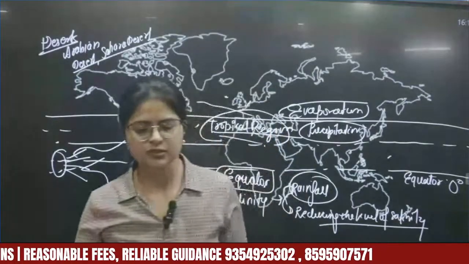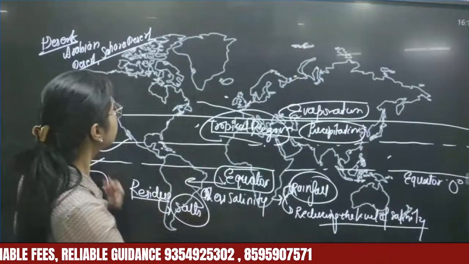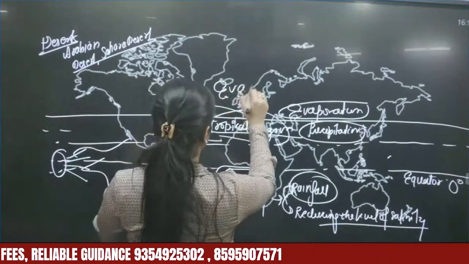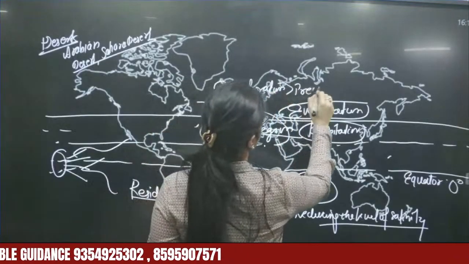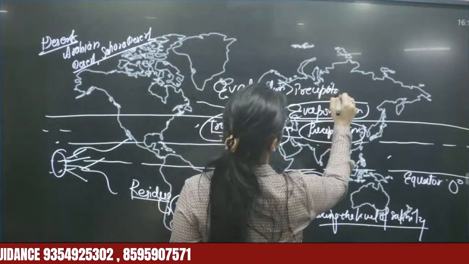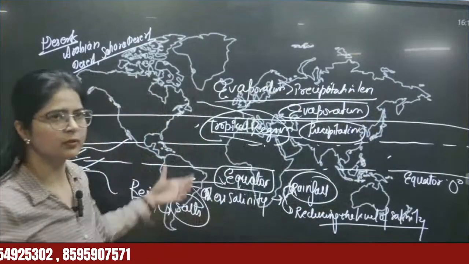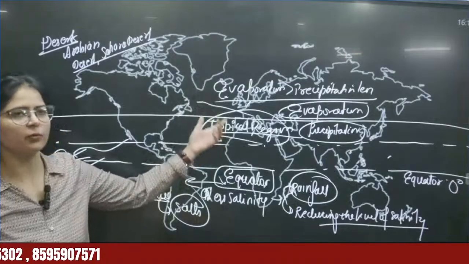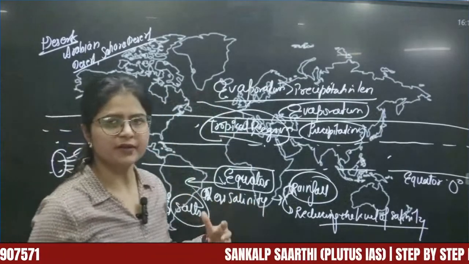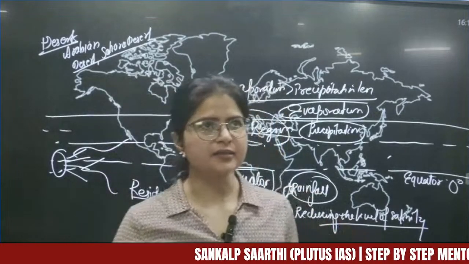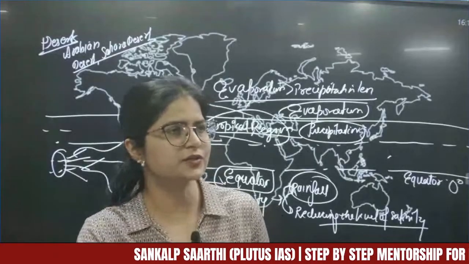Now, when the subtropical regions have evaporation more and precipitation less, obviously they will have more deserts, and therefore the salinity of the water bodies will be more. I discussed the case of the Dead Sea. The Dead Sea has the highest amount of salinity. The salt concentration is highest.